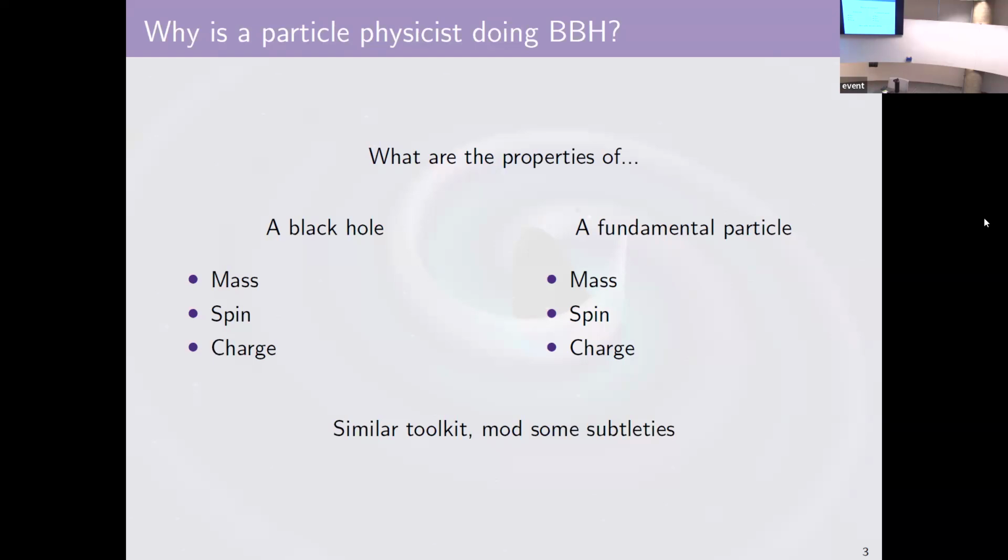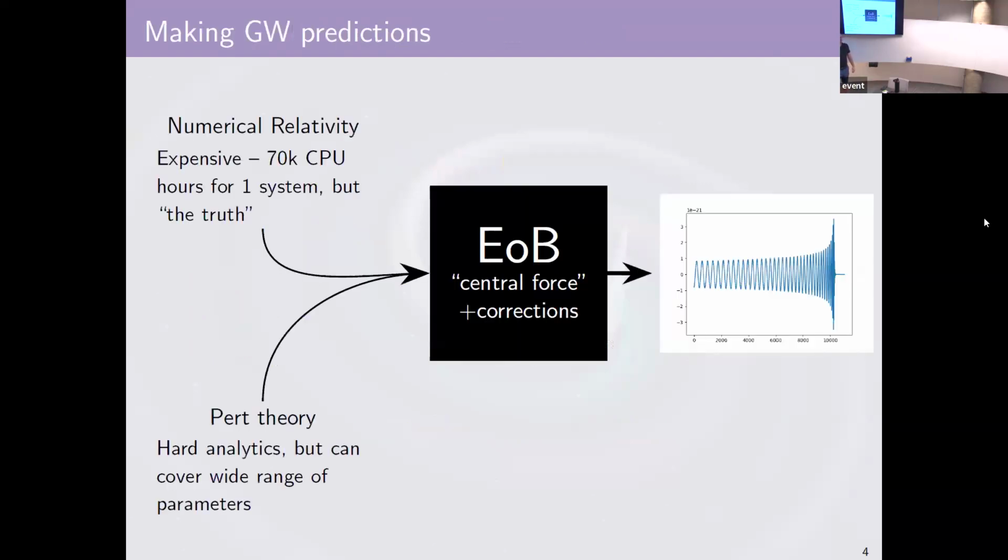There are a bunch of subtleties, and some of the subtleties are related to formalisms. But a lot of the tools carry over, a lot of the tools have direct analogies, and a lot of the tools can be very informative about how to actually approach binary black hole and binary neutron star problems.